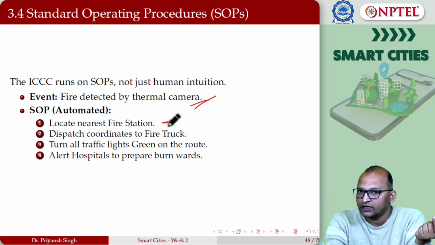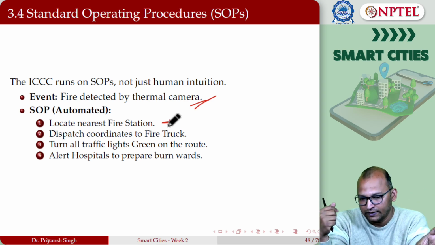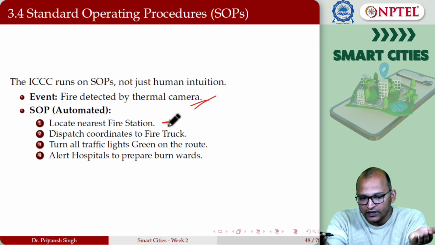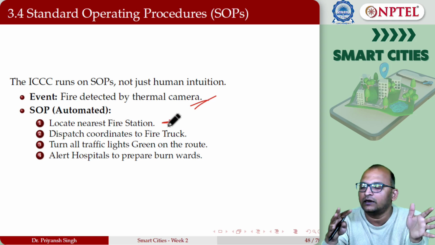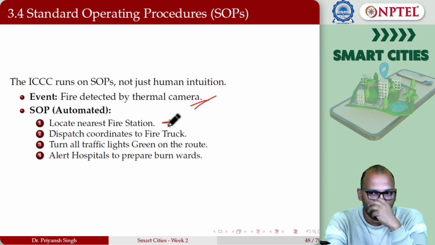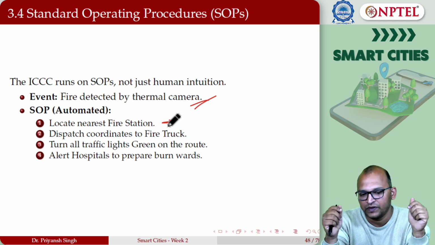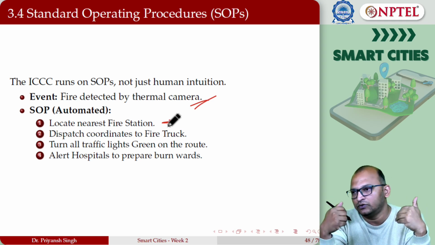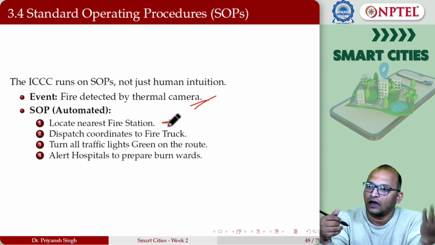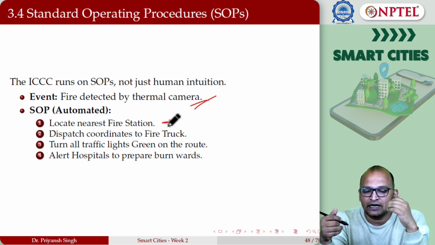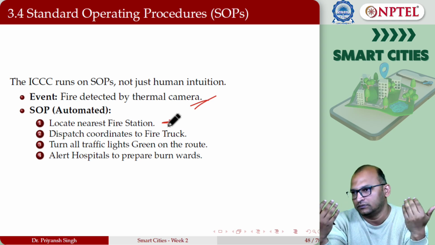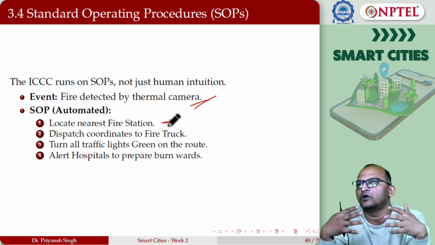Whichever fire truck is free or available nearest to the fire station will go to the site of the event. On the route of the fire truck, all the red lights will be turned green so that the fire truck may reach the event point in the shortest time. Also, an alert will be sent to the nearest hospital that a fire outbreak has happened, so prepare for burn cases, prepare your burn ward.